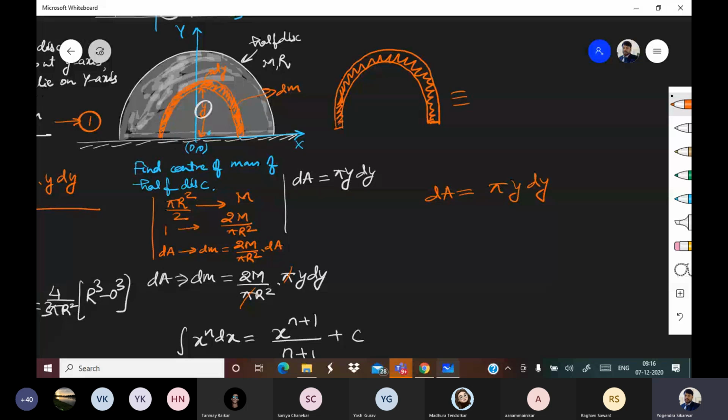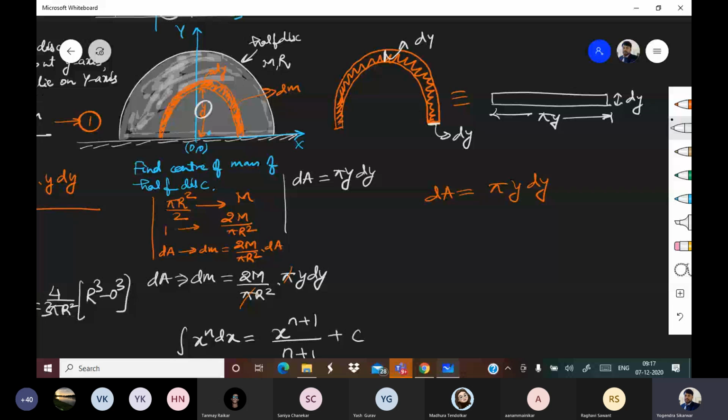Now pay attention, everyone. What I did basically, I opened it. So when I opened it, this thickness is dy, which is here also dy. So this is dy. Now how much will be this length? It is pi y, because circumference of a circle is 2 pi r. Correct?